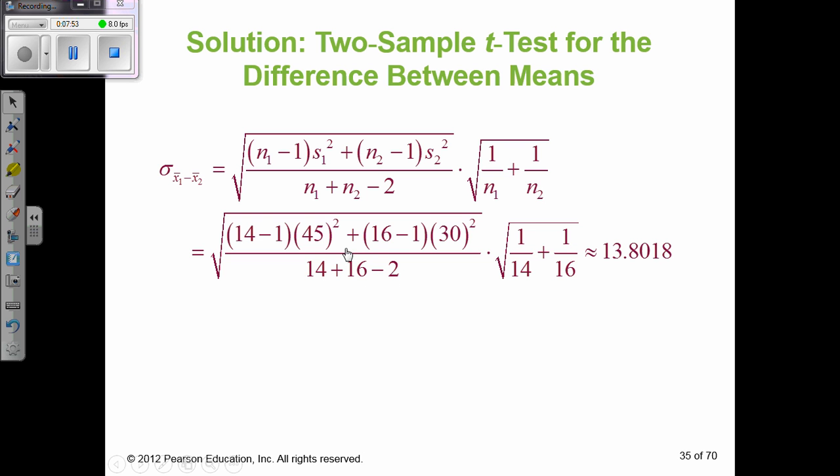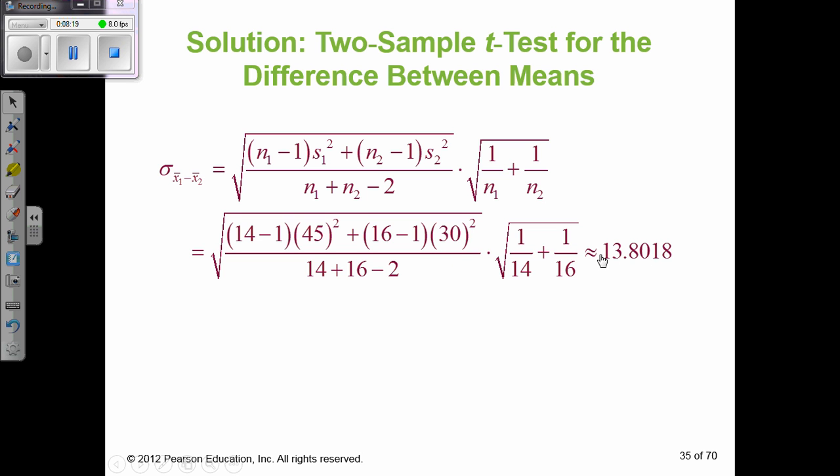Once you get that fraction, take the square root of it, and to that computation, multiply 1 over sample size 1 plus 1 over sample size 2, and take the square root of this piece. Remember again, if you're going to do this in pieces, keep many significant digits, 5 or 6 place values, while you're in the middle of this calculation.